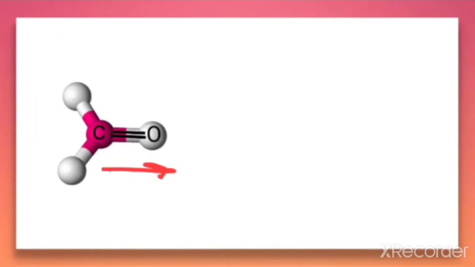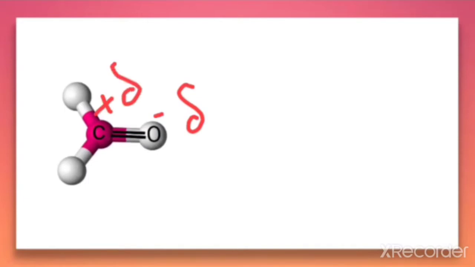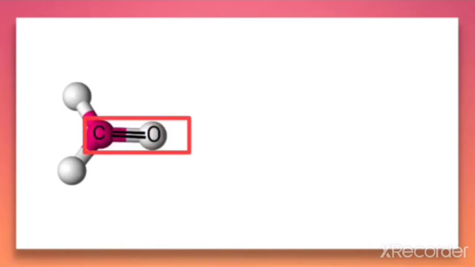Because of this, it develops a partial negative charge on the oxygen and a partial positive charge on the carbon. The reactivity of aldehydes and ketones is due to this group, which has a partial positive charge on the carbon and a partial negative charge on the oxygen.